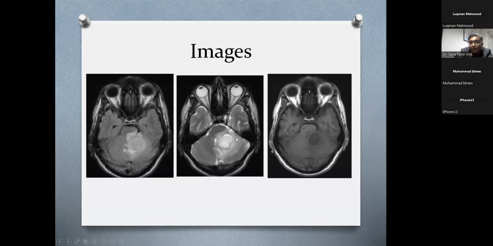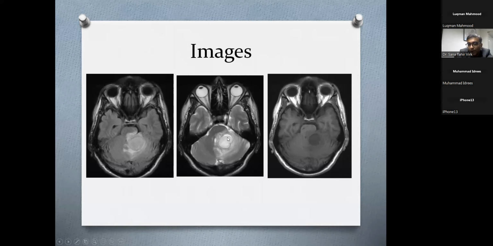So we have three sequences, the first one is the FLAIR, the second one is T2, and the third one is the T1 sequence, axial sections, on which there is this lesion in the left side of the brain, in the left cerebellopontine angle in the left cerebellar hemisphere, which appears heterogeneously hyperintense on FLAIR. And it appears hyperintense, by which I mean bright, on T2.